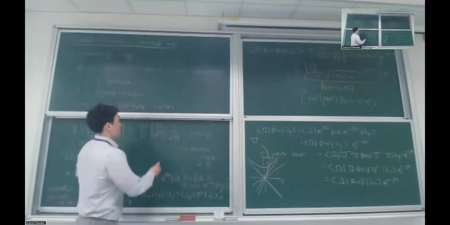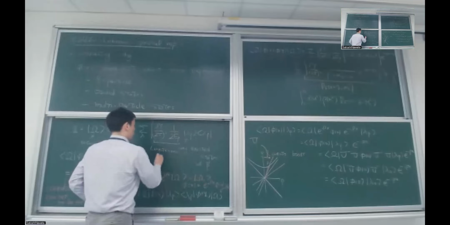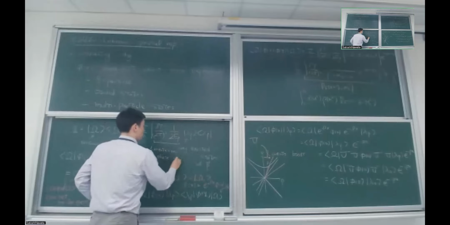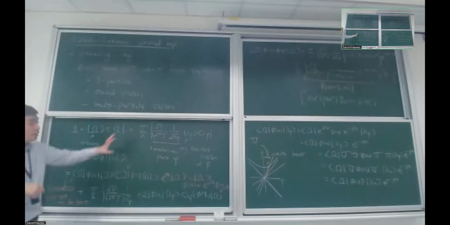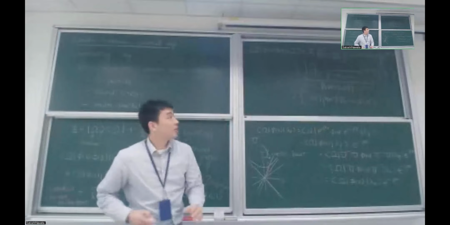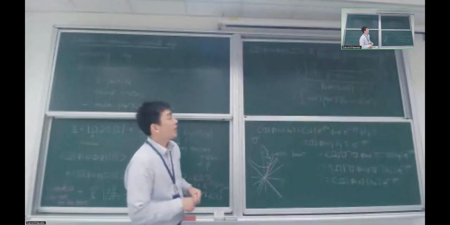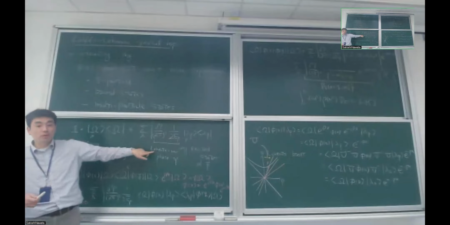As you know, this can be manipulated to this one, the propagator. That's the origin of the propagator. What's nice is that otherwise this identity cannot be written in a Lorentz invariant manner.